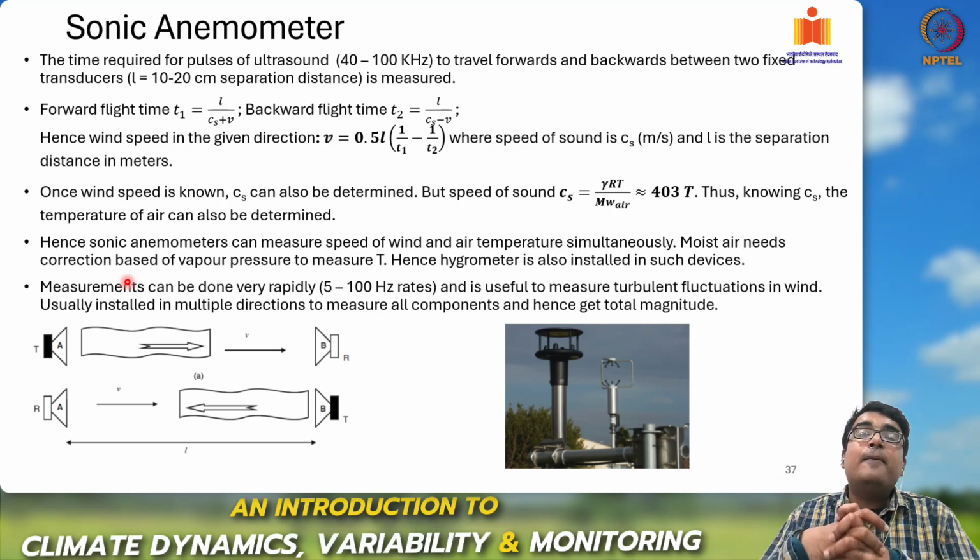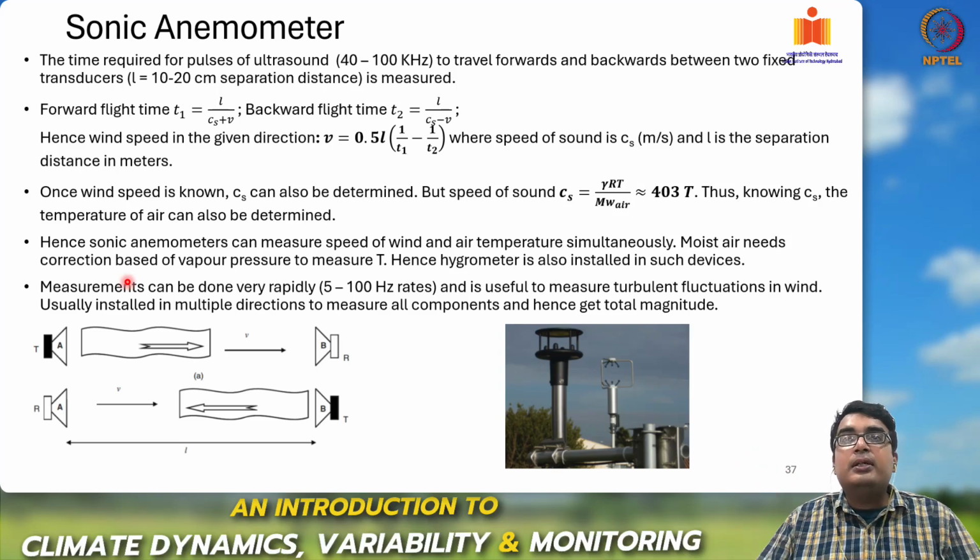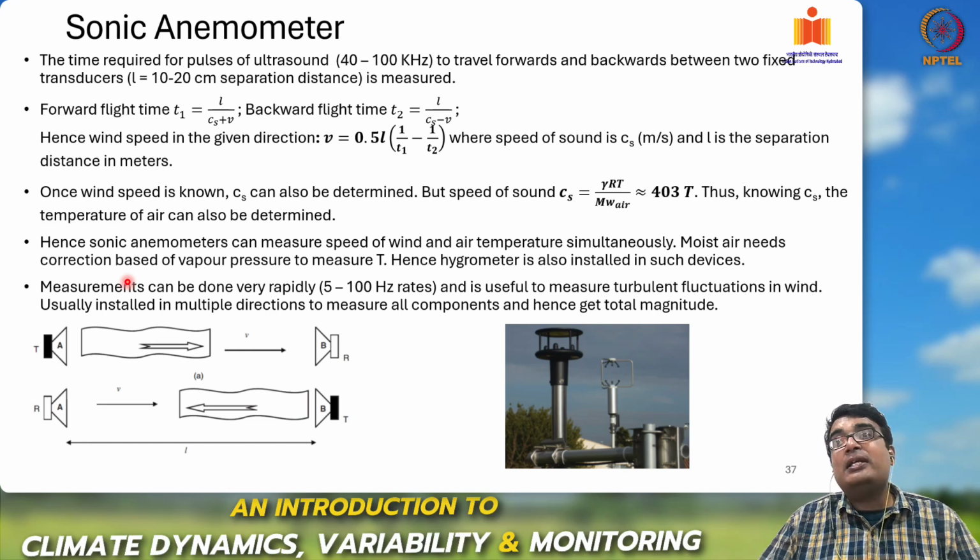It is useful in meteorological sensing, for rapid meteorological analysis of the wind. So that is the sonic anemometer, a more sophisticated kind of anemometer that gives us wind speed, wind direction, temperature of air, as well as the turbulent or fluctuating components of the zonal and meridional winds.